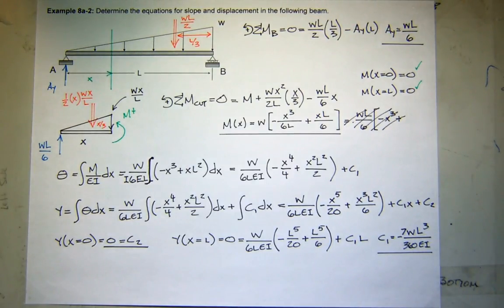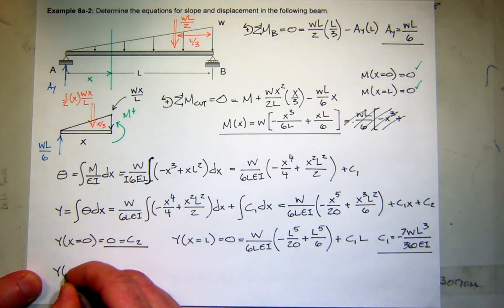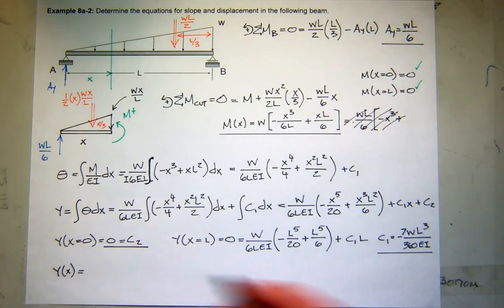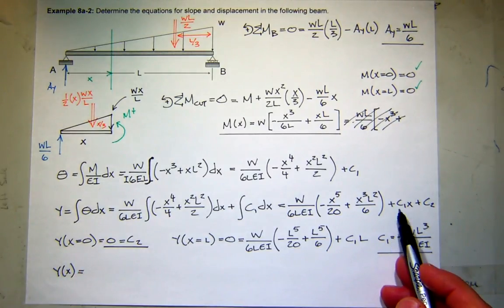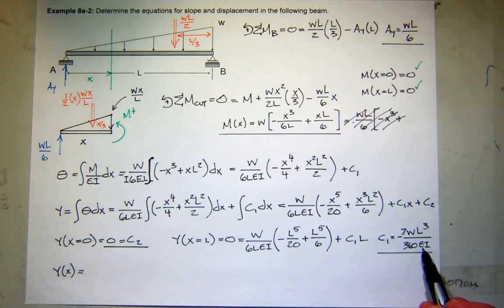See, nothing to it. So what's my expression for displacement? I've got to put C1 back into there. That's going to be a massive headache. I'm going to try to find this W over 360 EI somewhere. So I'm going to do that.